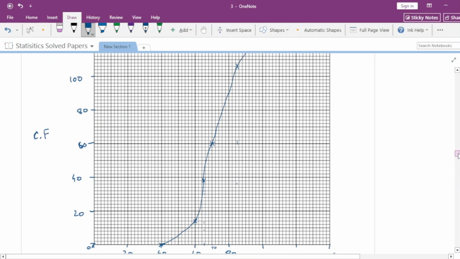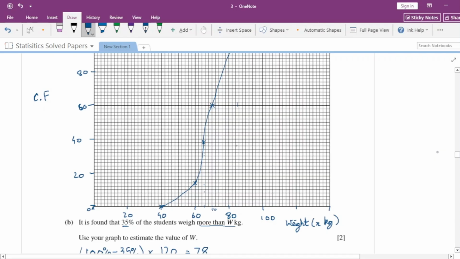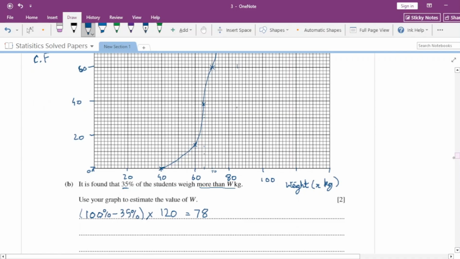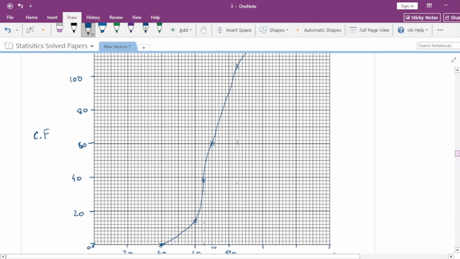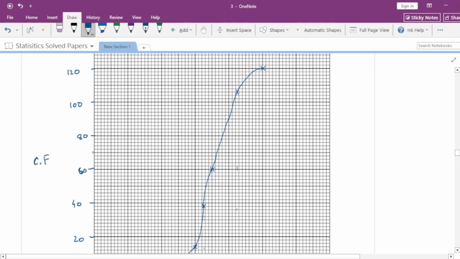And that's the way we read the cumulative frequency. Always if they say more than the value on the x-axis, we're going to first of all subtract it so that we can account from the bottom. So we're going to say 78 over here. We have 60, 70, 72, 74, 76, and then we have 78 right over here. Make sure you show it on your graph.